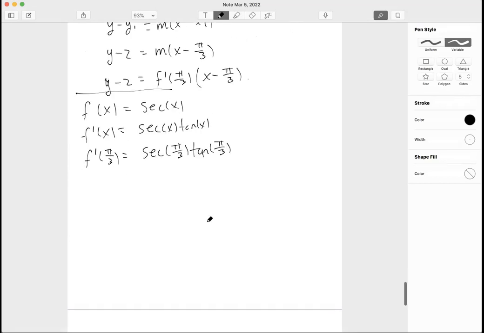Okay, so let's calculate that. For me, honestly, I don't really remember what secant, tangent, cosecant, cotangent are at those angles.